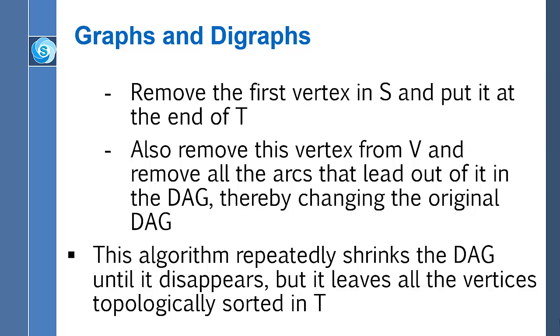In other words, we've got the vertices in the order that we described when talking about topological sorting, okay? And you know, actually, if we had maintained a copy of the original DAG, then we would not lose the original DAG. So we could still have the original DAG by maintaining a copy of it, and now we also have the vertices sorted in the topological sorted order that we discussed earlier.